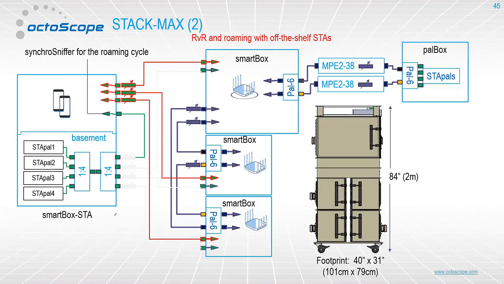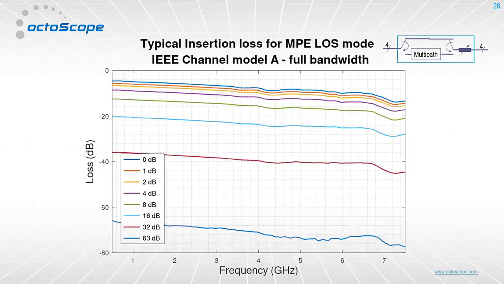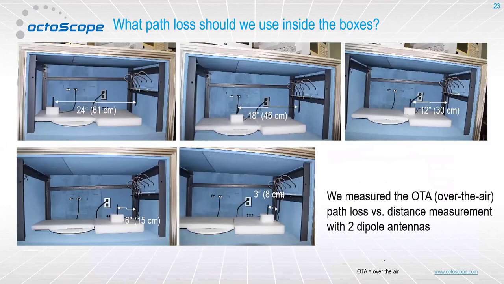I got a question on the physical part of the presentation. You did some measurement to compare the theory of the free space model to the actual values you can measure inside the chamber. And yes, exactly this one. You did it with one antenna on one side, where you altered the distance to two dipole antennas.